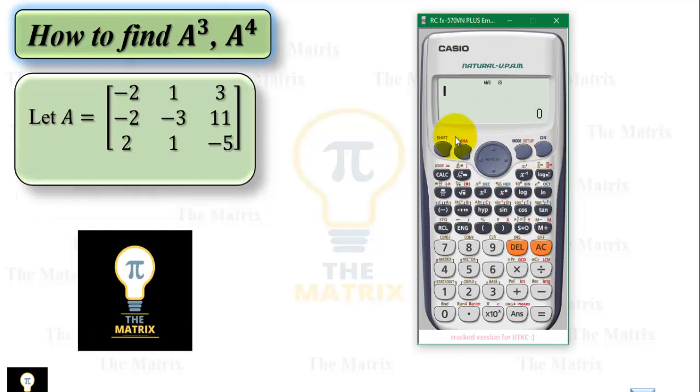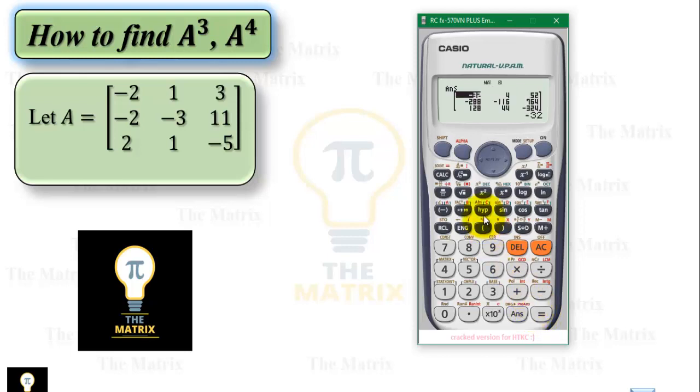To find A cube, you can use the previous answer which is A square. Shift 4, you have Mat Ans here, that is 6, into Mat A will give us A cube because the previous answer was A square.